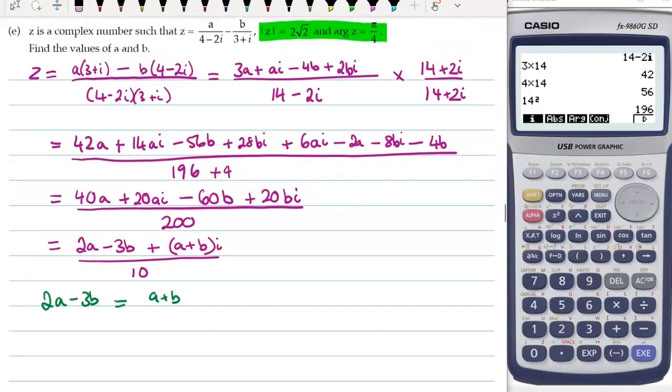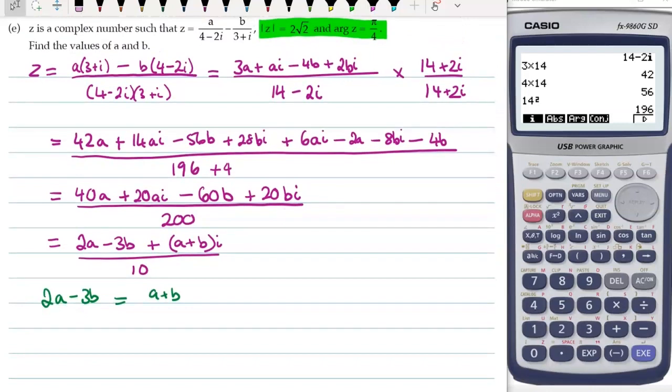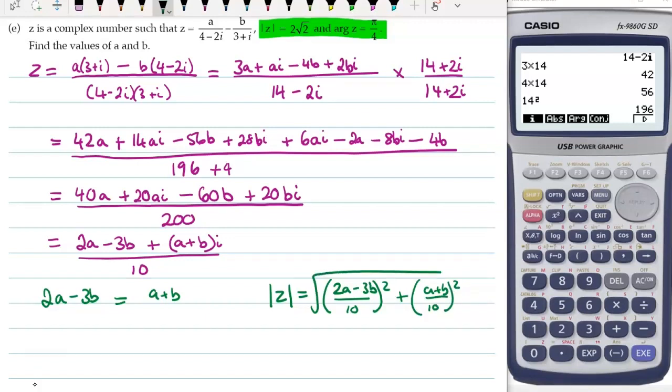The other part is that the modulus is 2 root 2. So the modulus of z is the real part squared plus the imaginary part squared and then square rooted, and we're told that that equals 2 root 2.